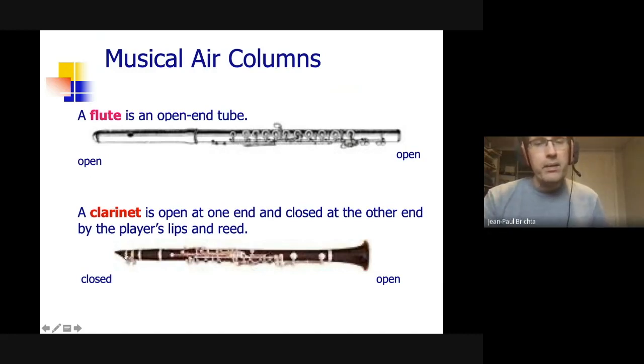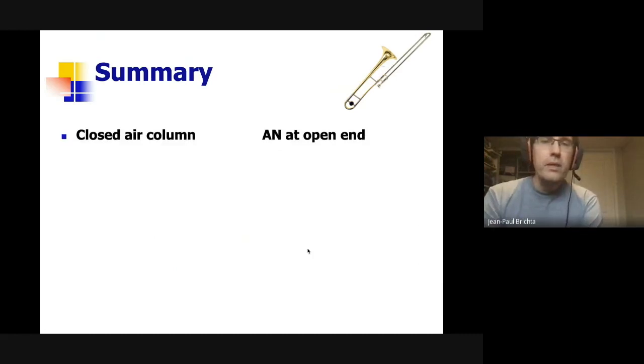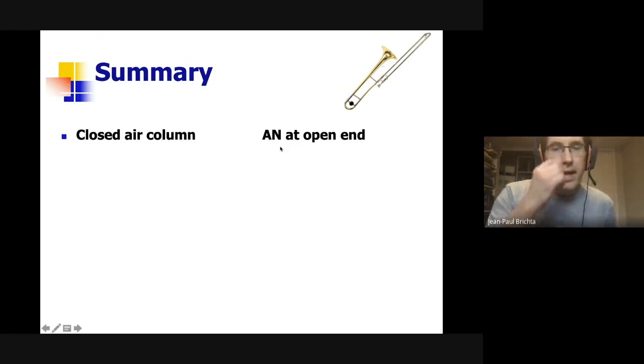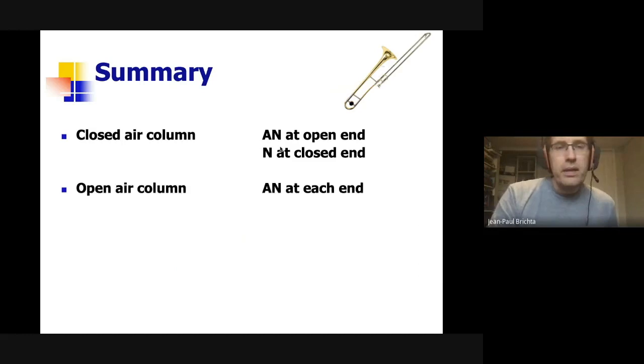So the player closes this end, just barely wide enough that they can get air into it. And this end is the open end. So a clarinet would correspond to a closed end tube. Okay, so in summary, a closed air column is going to have an antinode at the open end and a node at the closed end. And for an open end, it's going to have an antinode at each end.